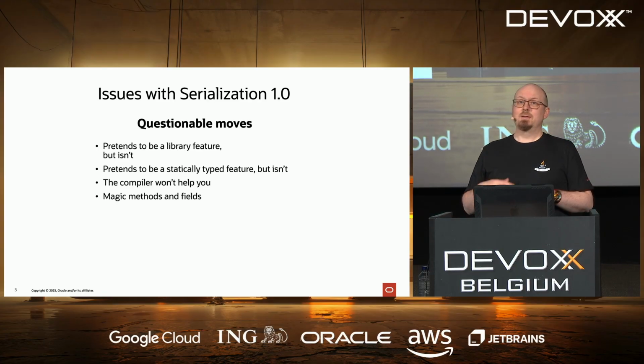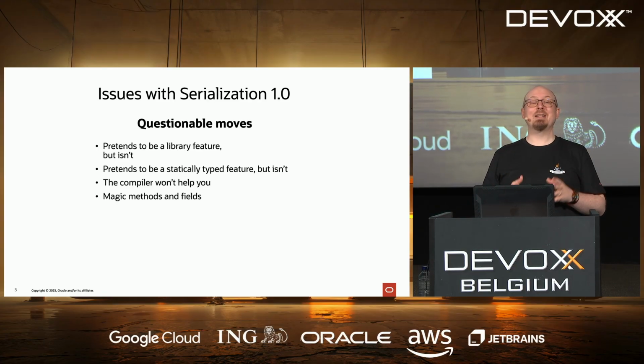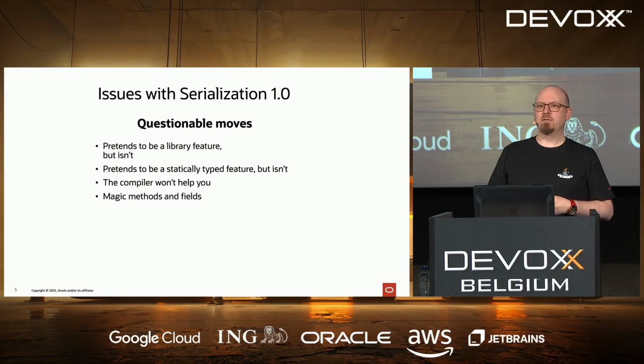And of course, just the mere fact that there are magical method names can be problematic, because what if you misspell the name? What if you don't remember what the name is? How do you even find it? Do you need to go online and search for what are the method signatures that I should be looking into here? So that has a discoverability problem as well.